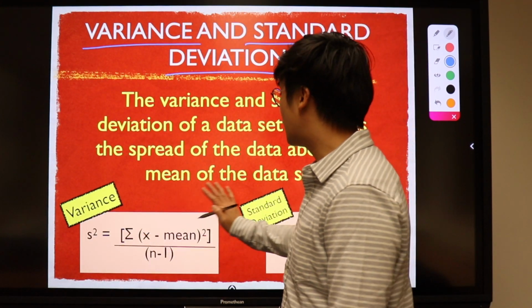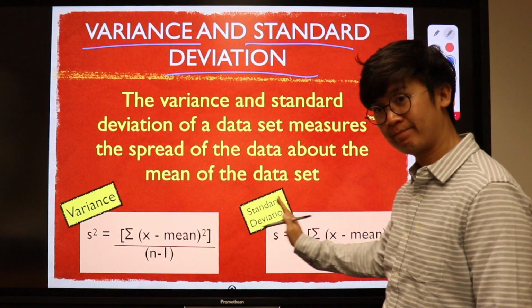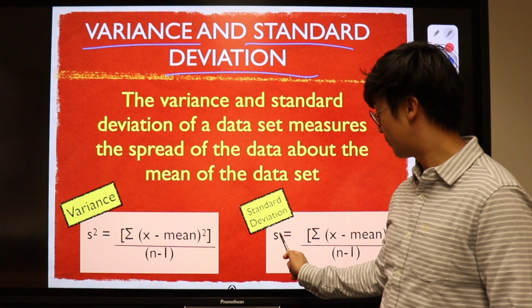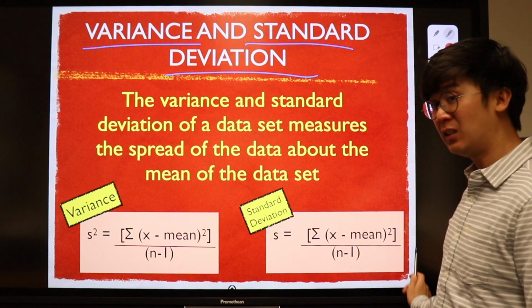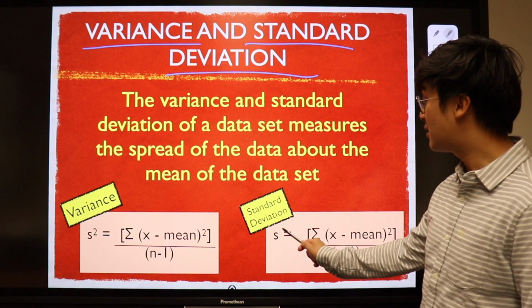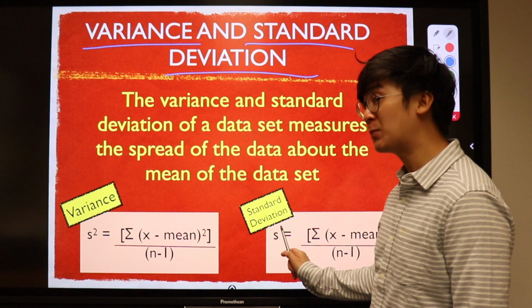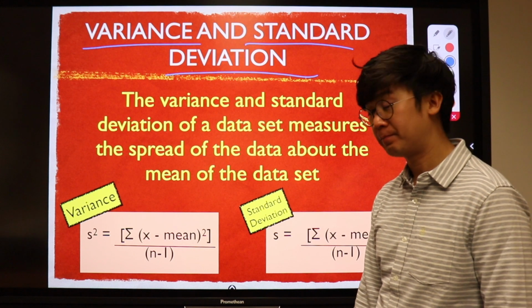Now, what do you notice about the two formulas? This one has an exponent of 2, and this one has no exponent of 2. But look at the formula. Are they identical? But since there's no exponent of 2, what do you think happened? Why was the exponent gone in the standard deviation?